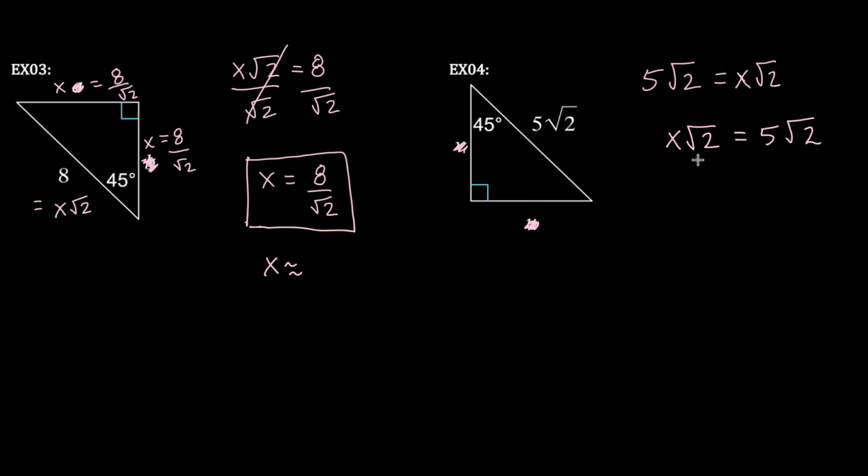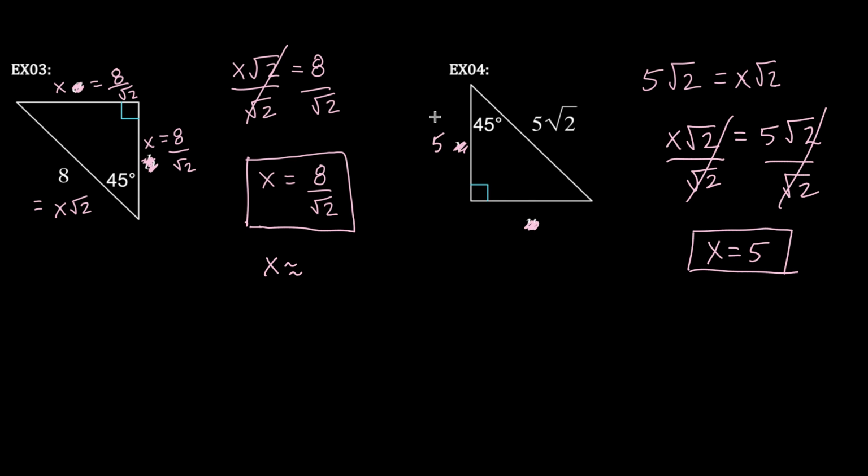To isolate x, divide by square root of 2 on both sides, and I get x is 5. So this is 5, that's 5, and that's 5 square root of 2. Cool. Next page.